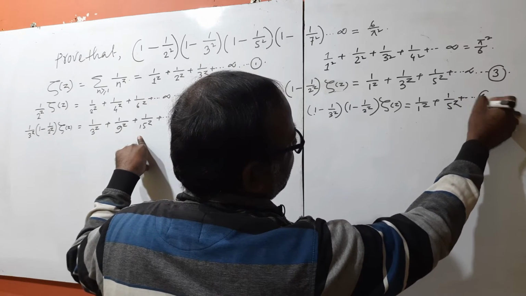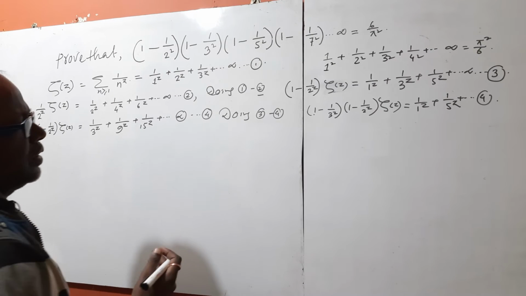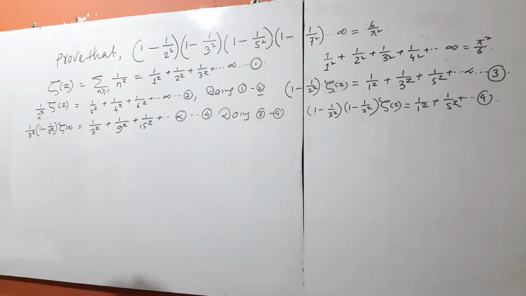This is equation 4. Okay, now again multiply by the next prime number, which is 5. So this is 2, 3 and 5.